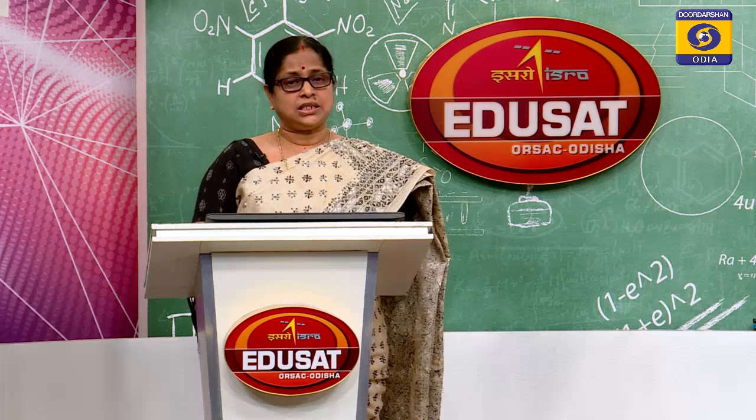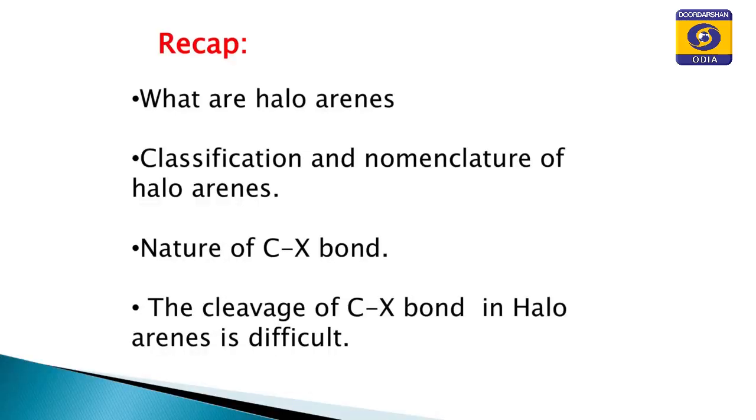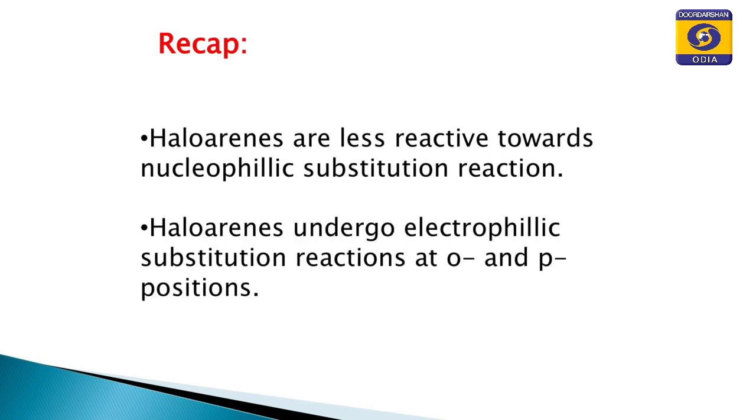And next we have discussed the nature of the C-X bond, which determines why the cleavage of the carbon halogen bond in haloarenes is difficult, why haloarenes are less reactive towards nucleophilic substitution, and also why haloarenes undergo electrophilic substitution reactions mostly at the ortho and para positions, but slowly and only under drastic conditions.